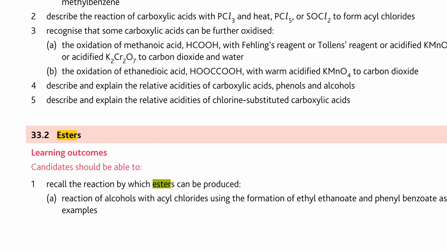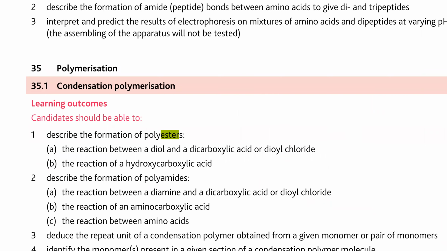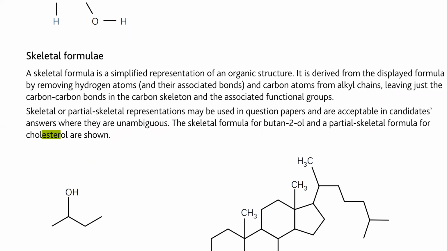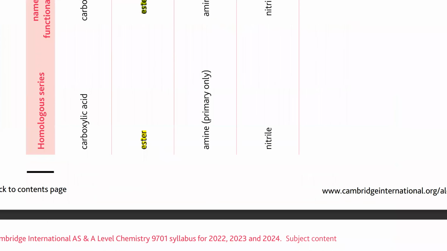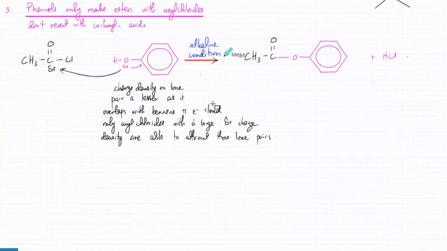We did the phenyl thing as well. Ester with HCl, reaction of alcohol at room temperature, did that. There's a lot of repetition in the syllabus. Polyesters and polymers we haven't done, so we're going to do that at the end. That's pretty much it, so we're done with esters.